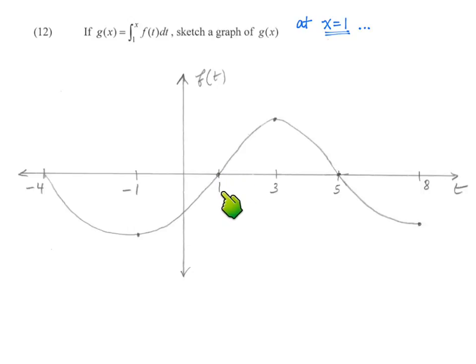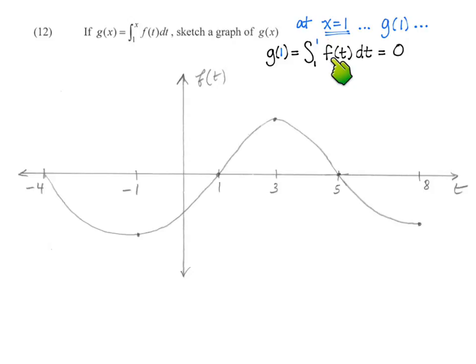I know that when x is equal to 1, this function f of t is 0. We know that to be true. And what I'm really interested in is what's going to happen at g at 1. What is g of 1? Well, over here it's saying when I have g of some x, I use x as my upper limit. So I'm plugging in that 1 as an upper limit.